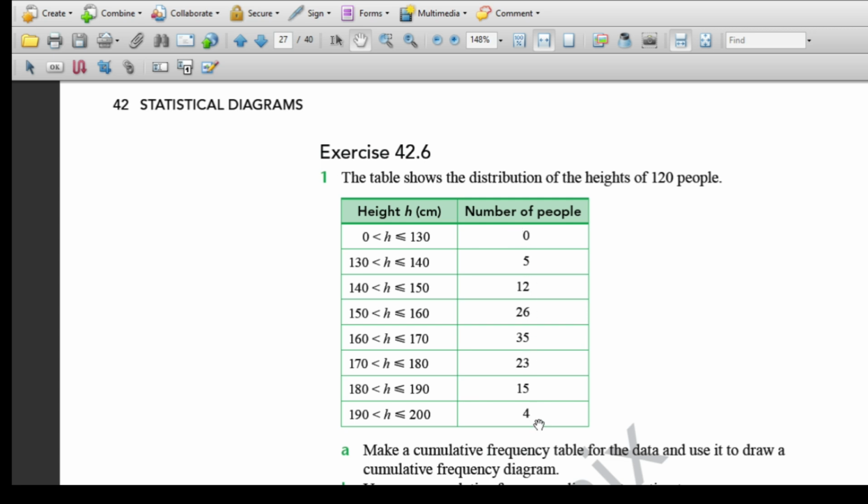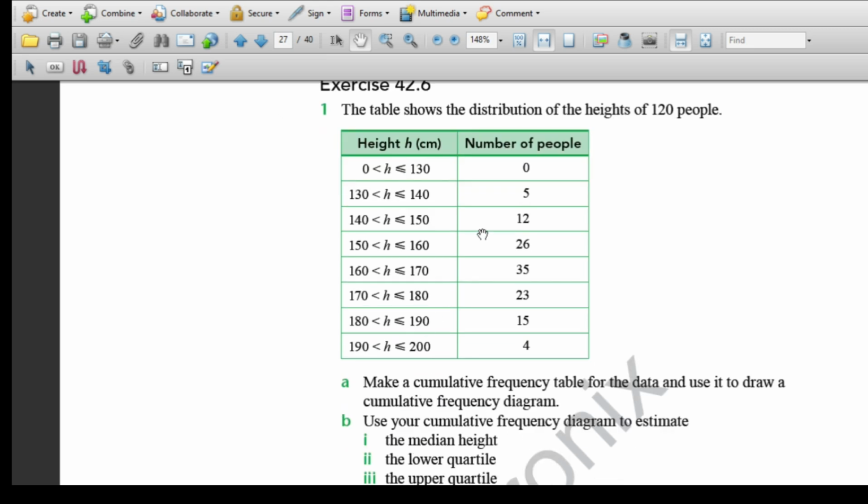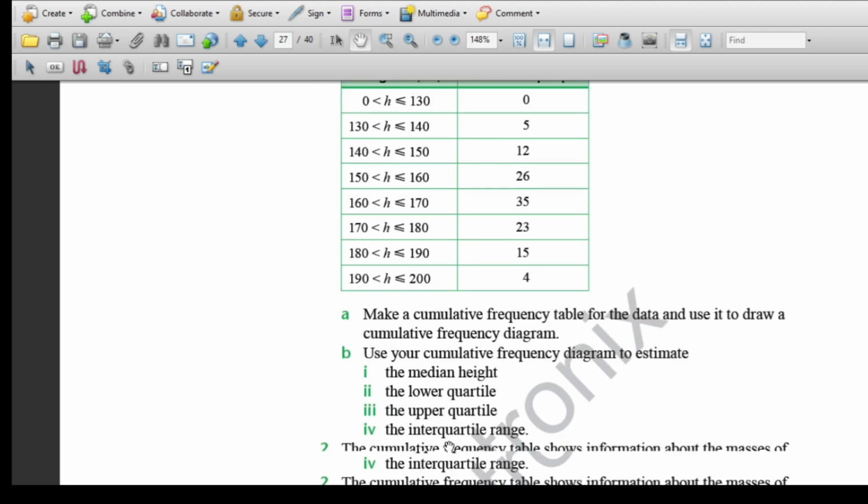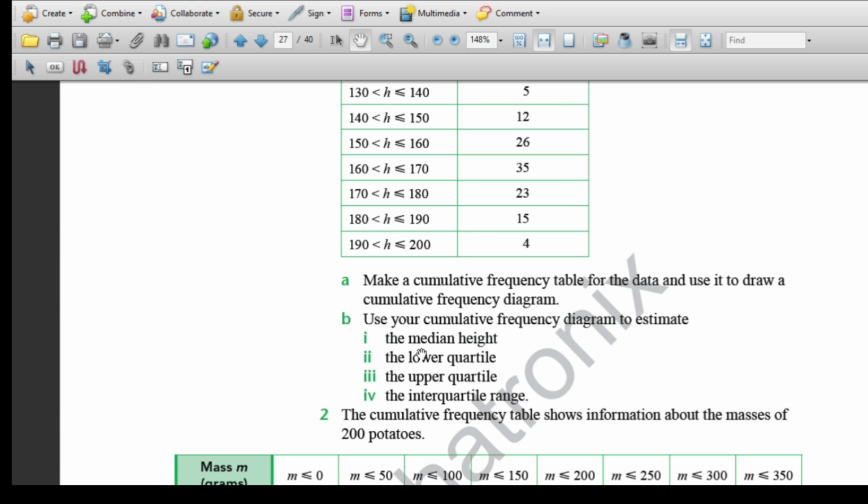So we will draw a cumulative frequency table for the data and use it to draw a cumulative frequency diagram. So we will draw a table and then a cumulative frequency diagram, and using this information, answer the following questions: the median height, the lower quartile, upper quartile, and interquartile range.